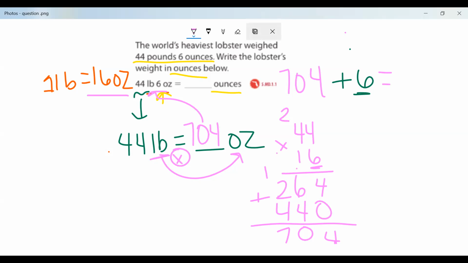But I know that this 6 and 4 make a 10. So there are 710 ounces in 44 pounds, 6 ounces.